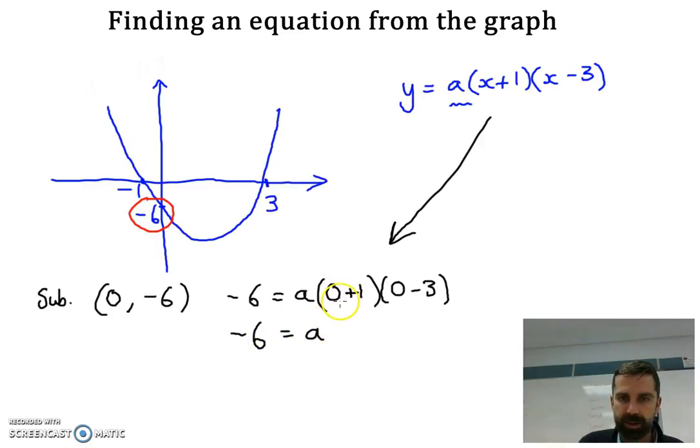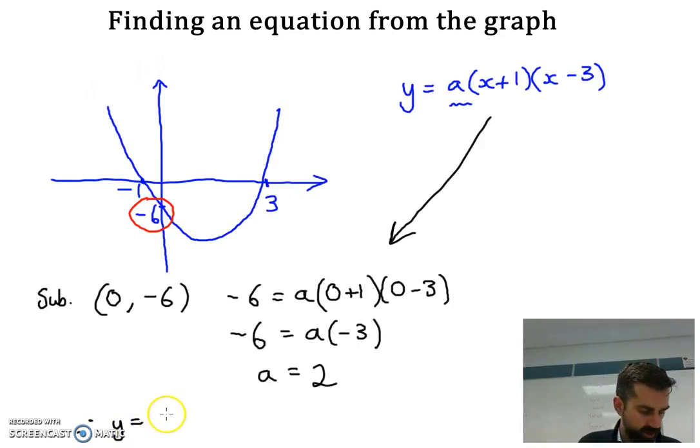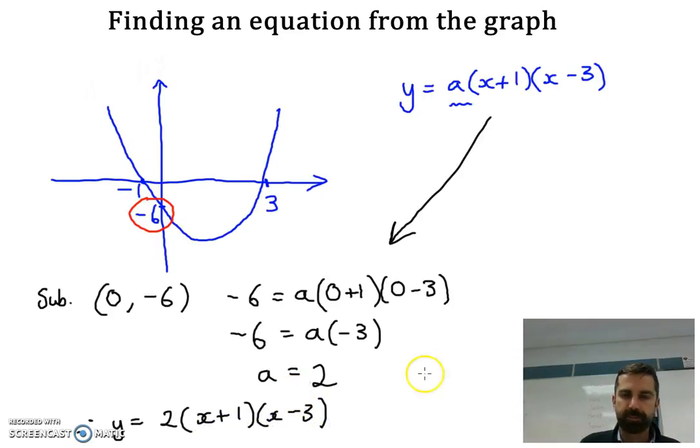So let's just multiply out these brackets. 0 plus 1 is 1, times by -3. It's going to be -3. And so that means a must be -6 divided by -3, which is 2. So therefore, my actual equation is y equals 2 times x plus 1 times x take 3. And if I wanted to, I could then expand that and get that into my expanded form. But I'm just going to leave it there within factorized form for now.